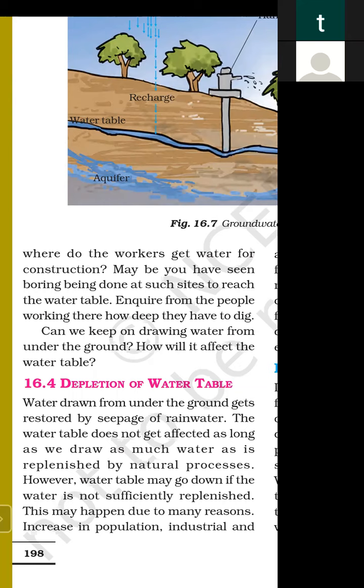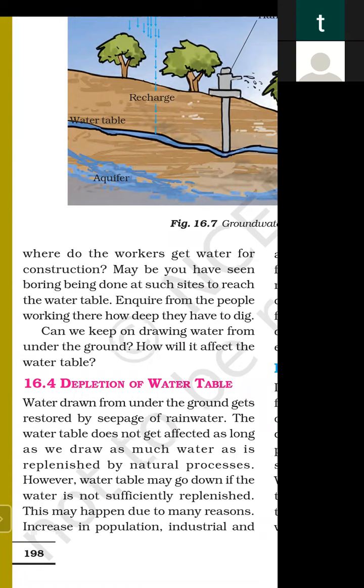If the amount of water pumped out is recharged by natural process, the level of the water table remains the same. But what happens if we draw more water and the seepage process is less? The water table goes on decreasing, gets depleted. That is depletion of the water table.